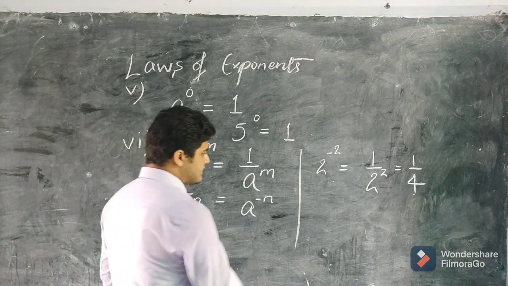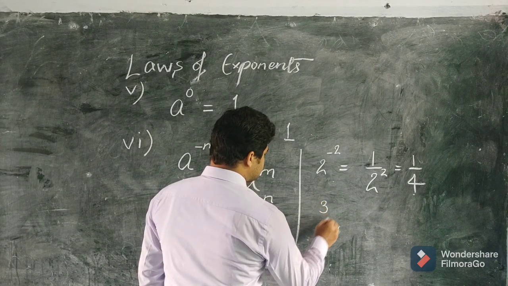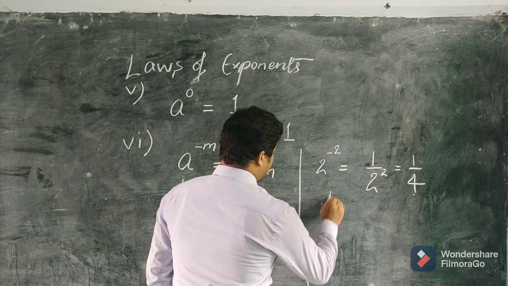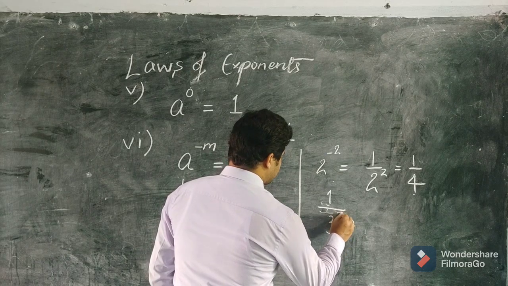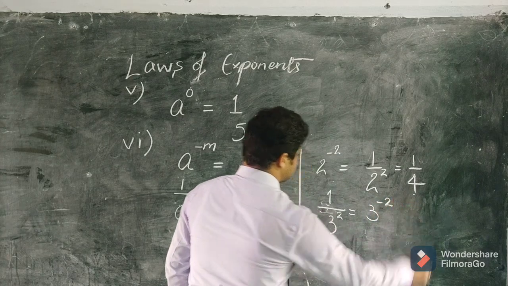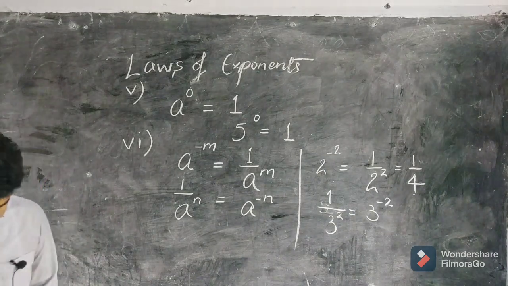And if it is written as 1 upon 3 raised to the power 2, in exponent form you can write it down as 3 to the power minus 2.